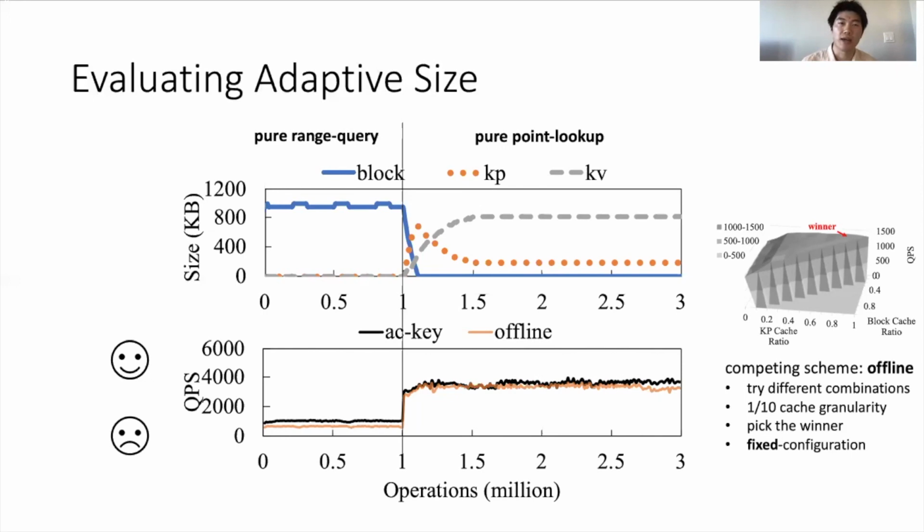That's why our adaptive scheme can have one good configuration in the first phase to beat the offline scheme, and change to another very different configuration and beat the offline fixed configuration again. With this, we have introduced these two tests showing the advantage of our adaptive caching scheme.